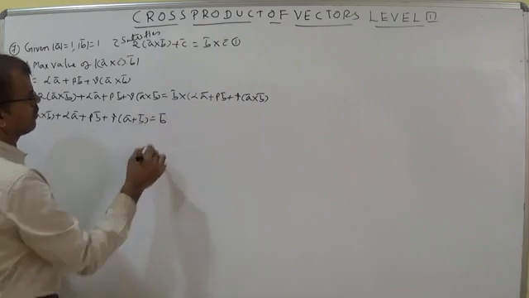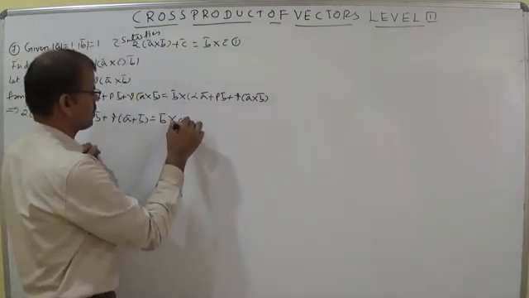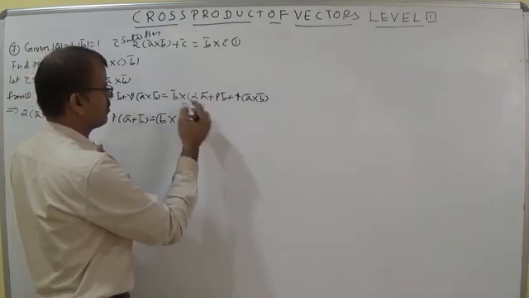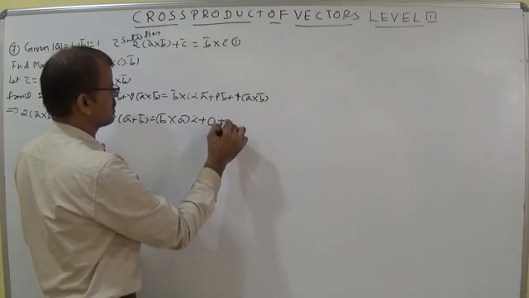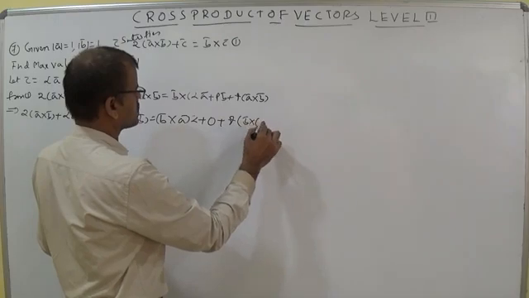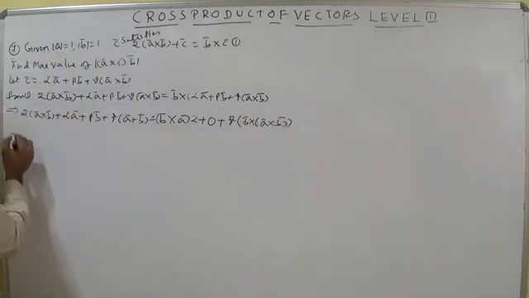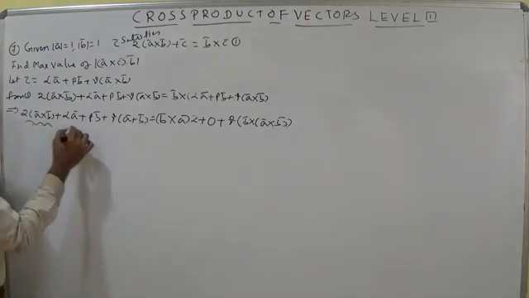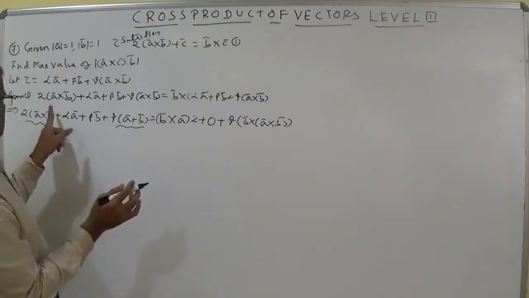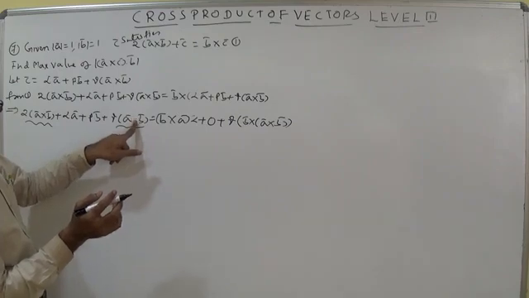is equal to, now you can multiply with this one, B bar cross A bar into alpha plus beta B cross B becomes 0 plus gamma into, we can write here B bar cross A bar cross B bar. That implies here A bar cross B bar is there. 2A cross B plus alpha A plus beta B bar plus this is A bar cross B bar.